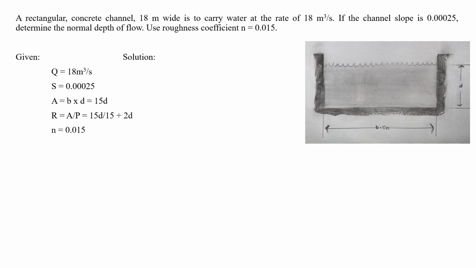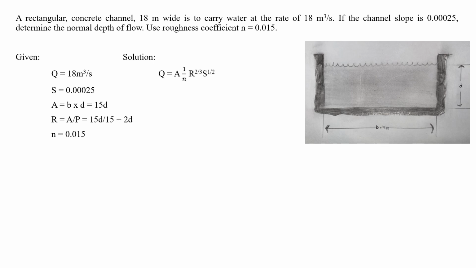For our solution, we are going to use the formula for a rectangular channel: Q is equal to A multiplied by 1 over n times R raised to 2/3 times S raised to 1/2.